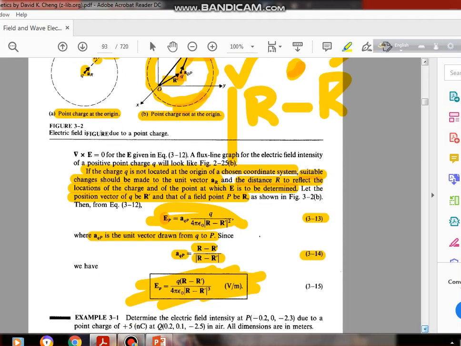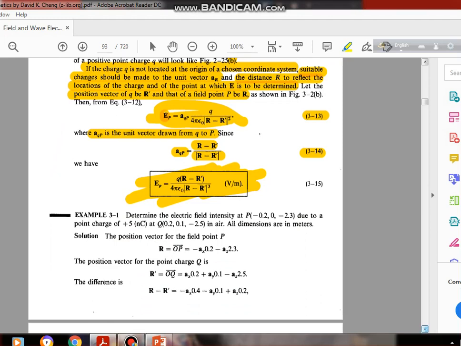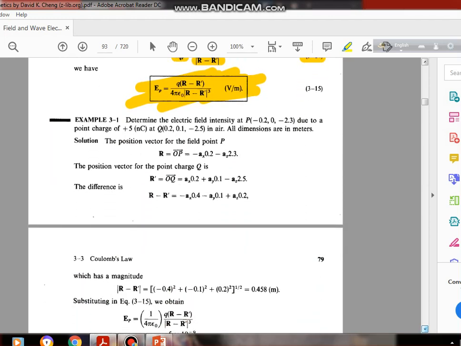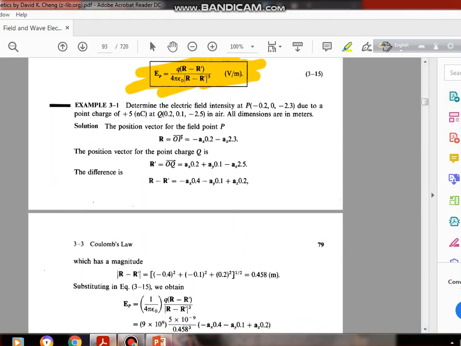Now going back to example 3.1, how can you calculate the electric field intensity using Coulomb's law. Determine the electric field intensity at P (-0.2, 0, -2.3) due to a point charge of 5 nanocoulomb at Q (0.2, 0.1, -2.5).